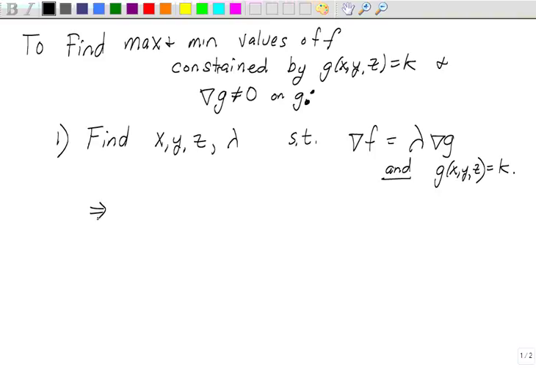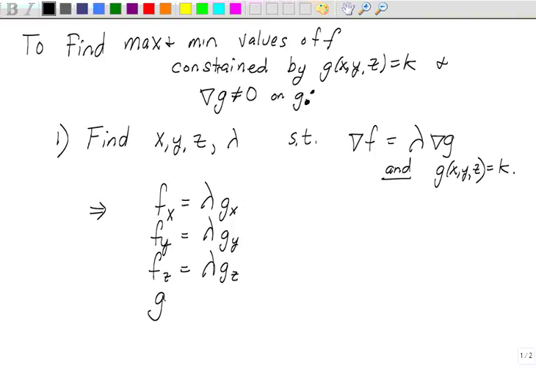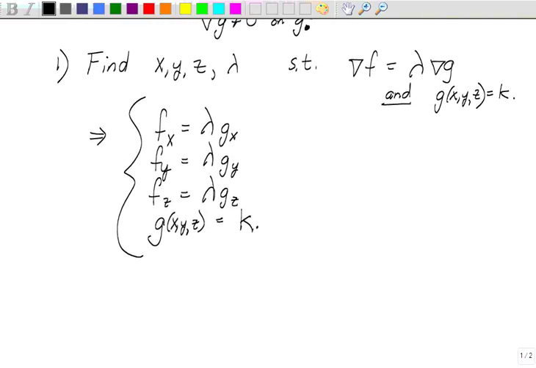So you set up these equations where f_x is equal to lambda g_x, f_y is lambda g_y, and f_z is lambda g_z if you have 3 variables, and you have g of x, y, z equal to some constant. So you're going to solve these equations and get your points.